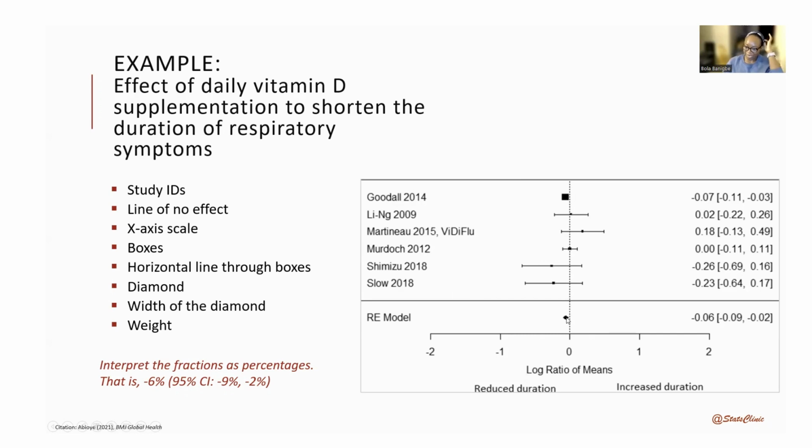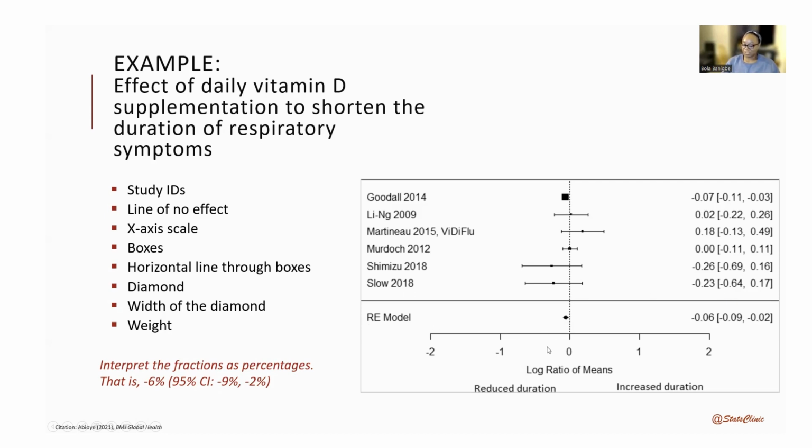The pooled estimate is very close to 0. It's just reduced. On the left side of 0 is reduced duration, and on the right side of 0 is increased duration of the respiratory symptoms. Your log ratio of means here is -0.06, and the 95% confidence interval is -0.09 to -0.02.